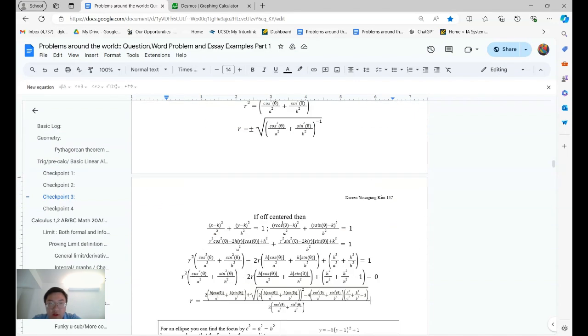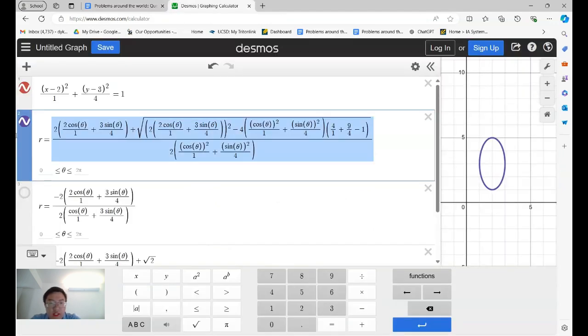This is off center, and you can see how complex it is in polar form, how idiotic it is in polar form. If you're not selfish, I call polar form selfish for a reason.